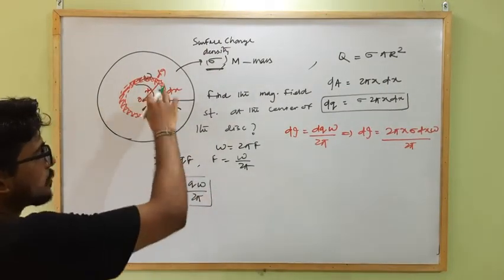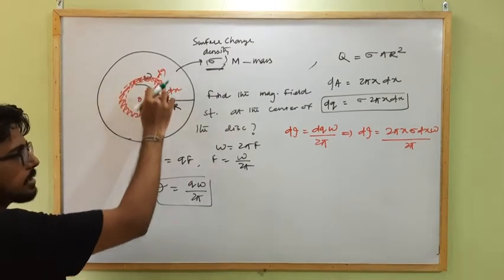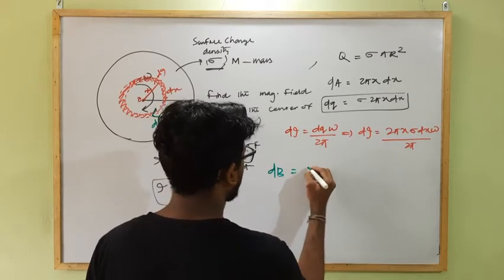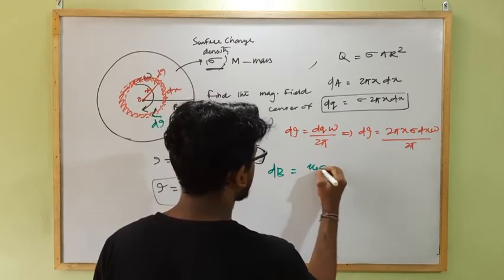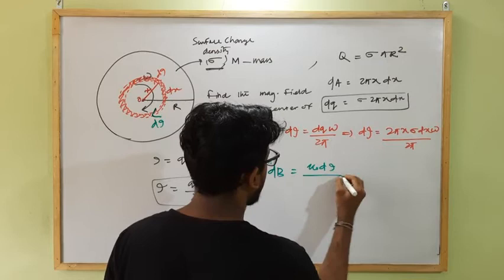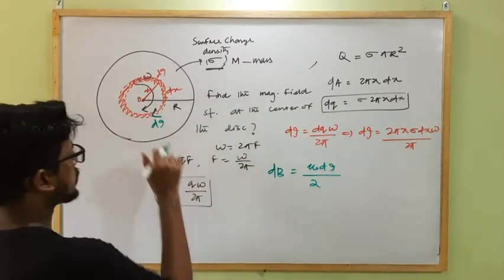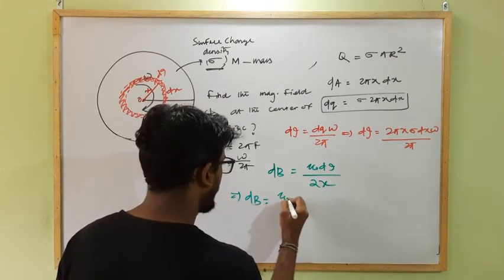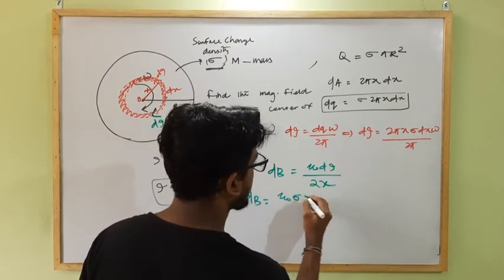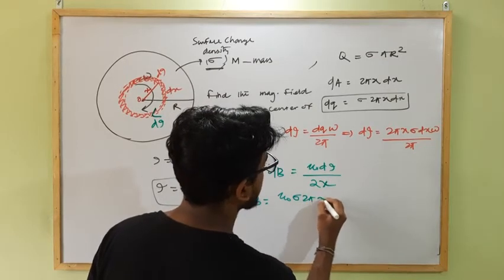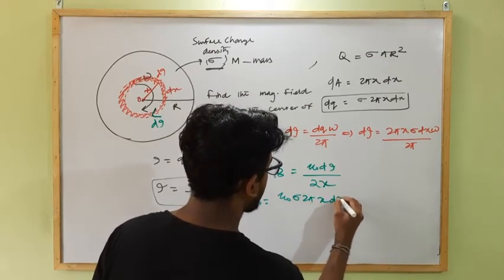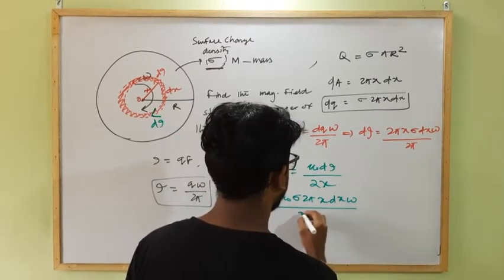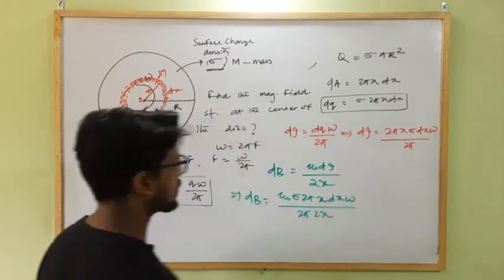As the current is flowing through it, what is the magnetic field strength at the center of this circular ring? dB will be equal to, due to a circular ring, mu naught into current di divided by 2 into radius x. So dB equals mu naught, in place of di we can write sigma 2 pi x dx omega, divided by 2 pi into 2x.